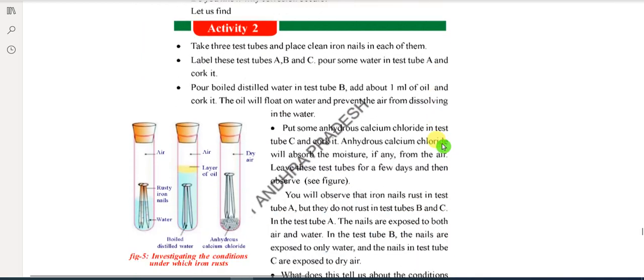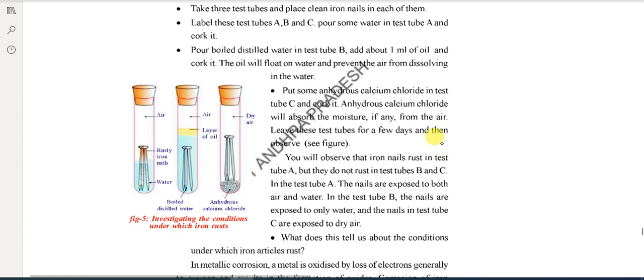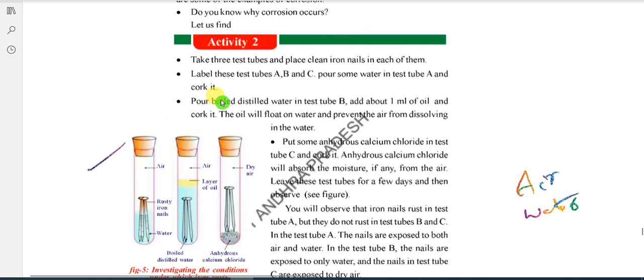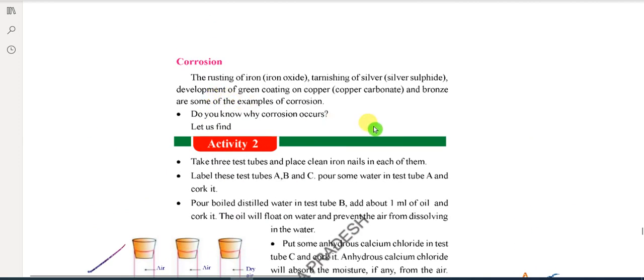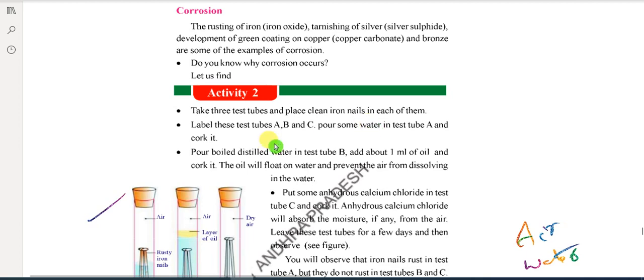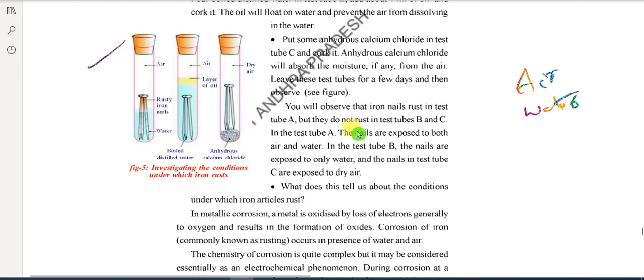Corrosion, it is very, very important. Yes, air and water. Do you know why corrosion occurs? Test tubes and material, you know.